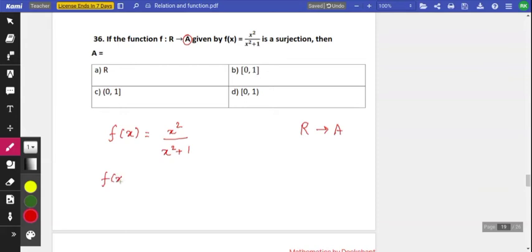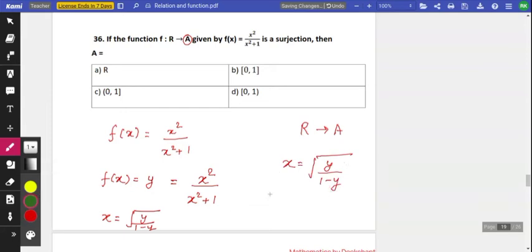Suppose that f(x) is equal to y, and y is equal to x² upon x² + 1. Now x is equal to the square root of y upon 1 minus y.